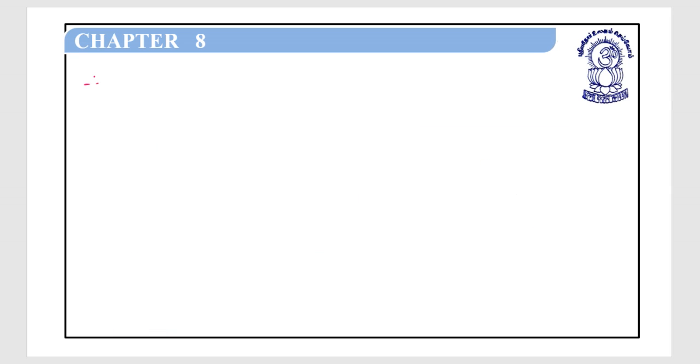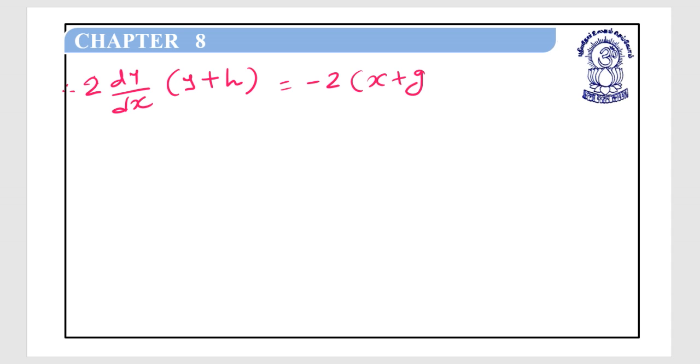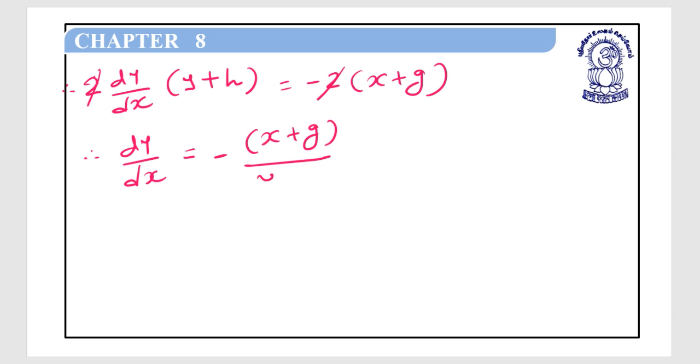So dy by dx, 2 common, y plus h is equal to minus 2 common, x plus g. 2 cancel. So dy by dx is equal to minus x plus g upon y plus h.